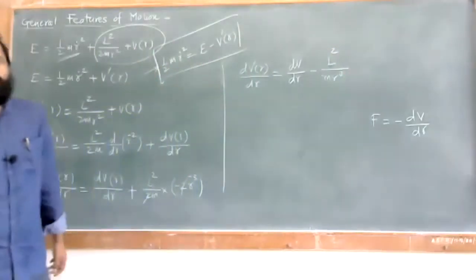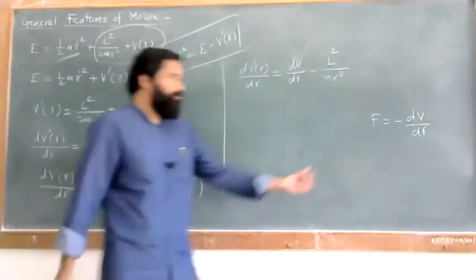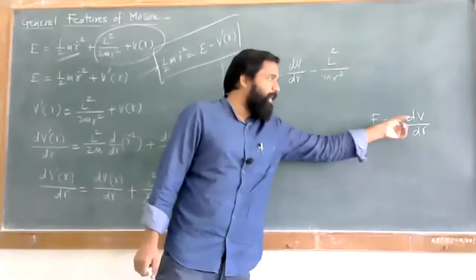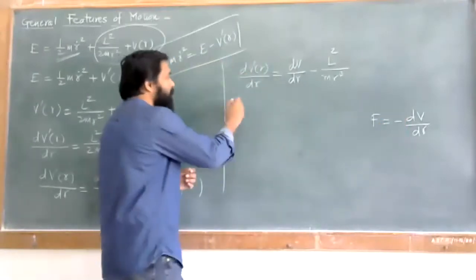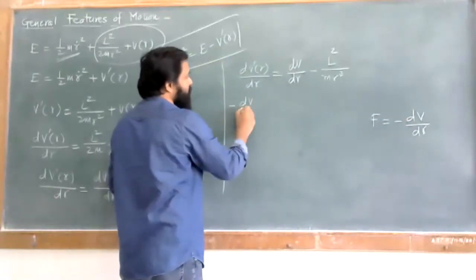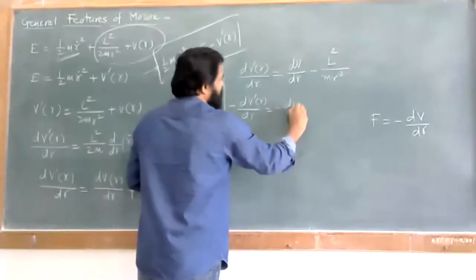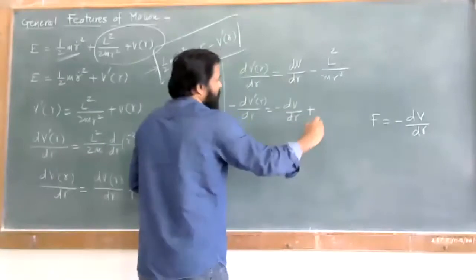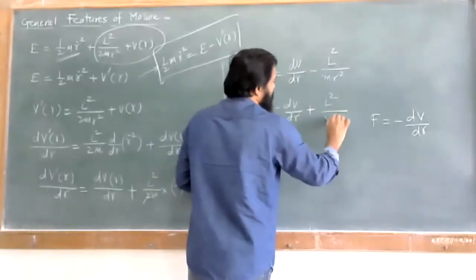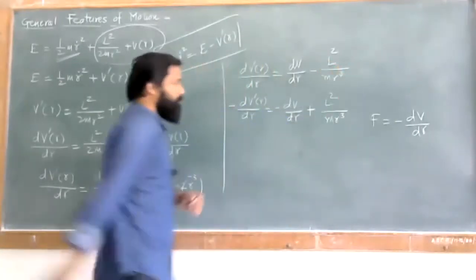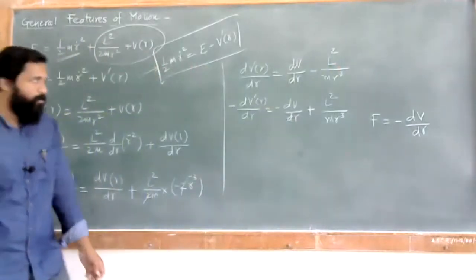What do we want? We want force. So force is negative, so I multiply this total term by the negative sign, so minus dV dash r by dr is equal to minus dV by dr plus L square upon m r cube.